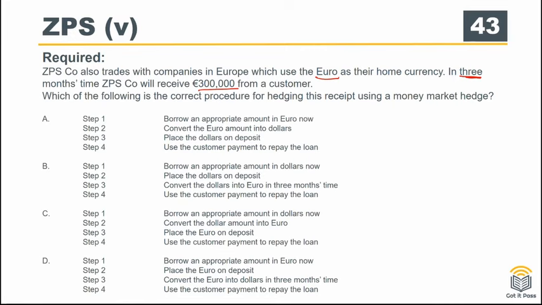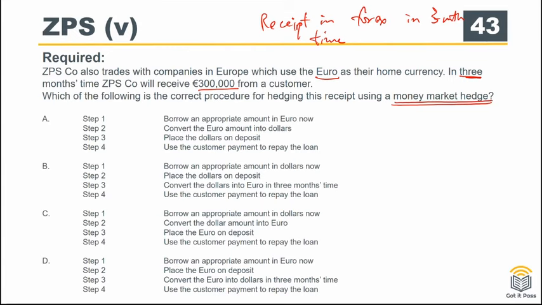So in this question, your background information shown here is you have the receipt in foreign currency, in forex, in 3 months' time. So what are the steps for a money market hedge? Because it asks you about the money market hedge.